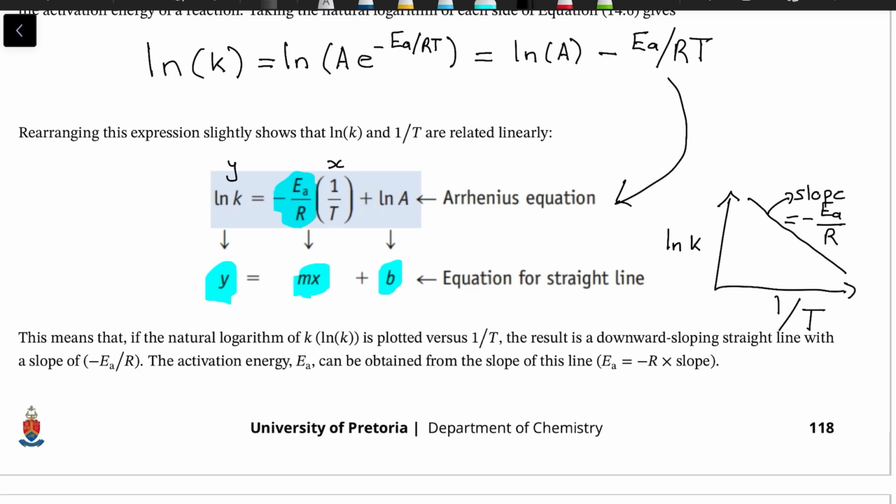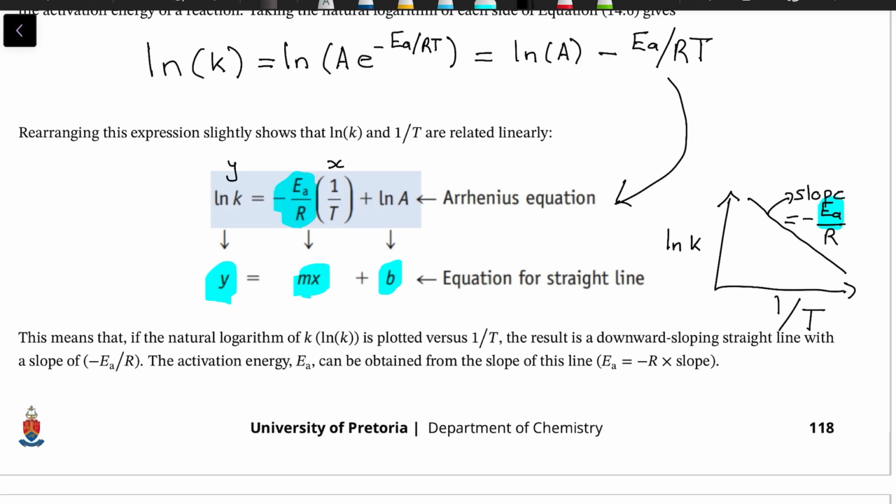So what you do is you set up a bunch of reactions at different temperatures, and then you plot the ln of the rate constant against the inverse of temperature. And from that, you can then determine the activation energy for a reaction. So that's why this equation is very useful.